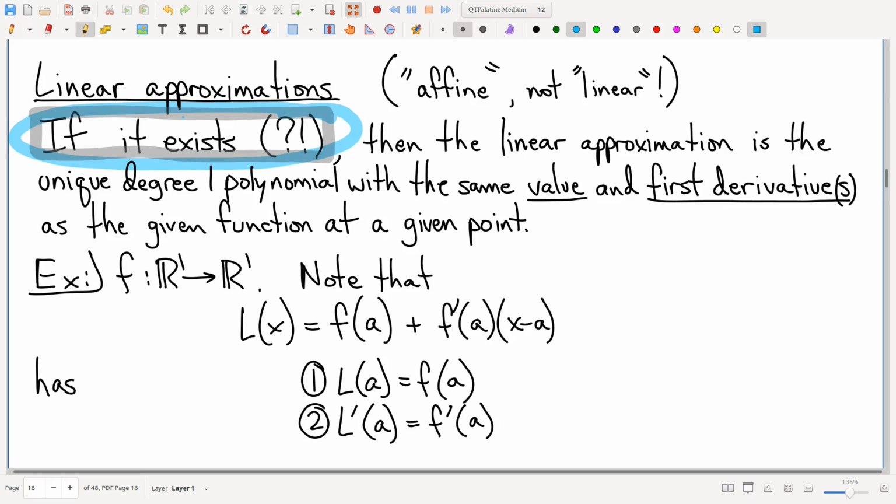And it turns out this is a much nastier question in multivariable calculus than it is in single variable calculus. In single variable calculus, the linear approximation exists if the function's differentiable. If you can take a derivative, there's really not that much to talk about there, right? It's a much more sophisticated question in multivariable.